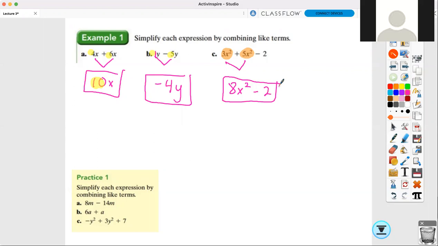All right. Practice 1 is in the bottom corner. I'm going to give you 2 minutes to work on these expressions. 2 minutes starting now. Good luck. Feel free to type your solutions in the chat if you'd like, or you can wait till the timer runs out and I'll ask for a volunteer to share their answer. The class will either disagree or agree based off of their own work.